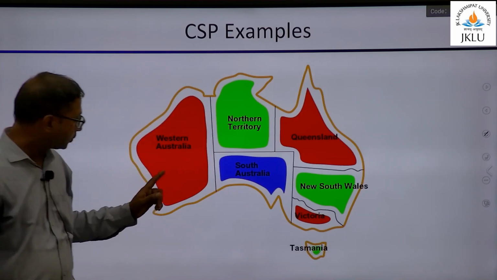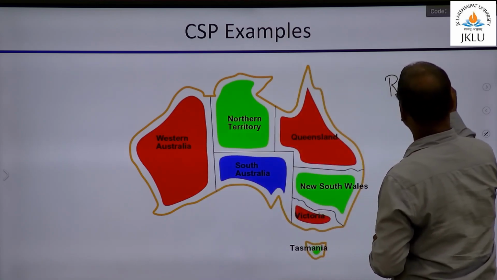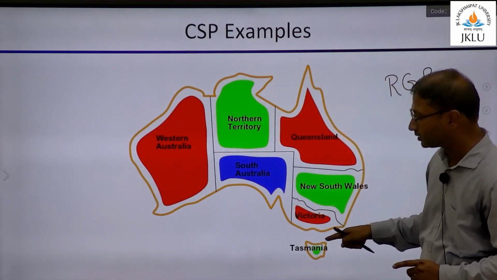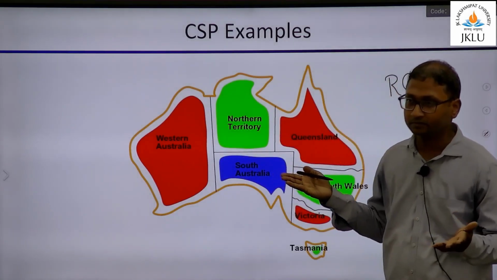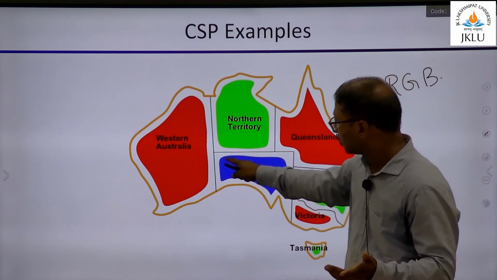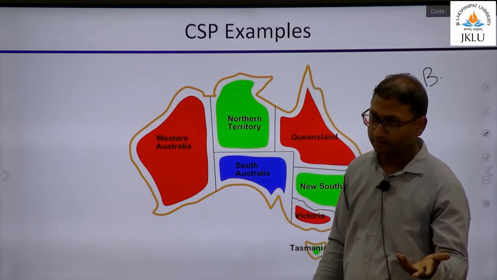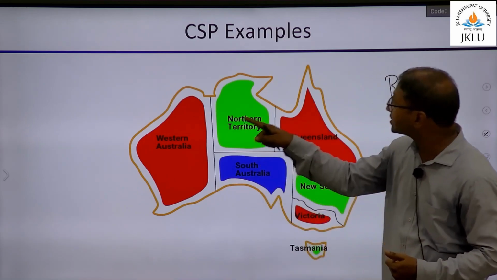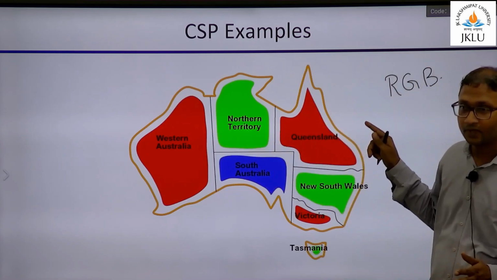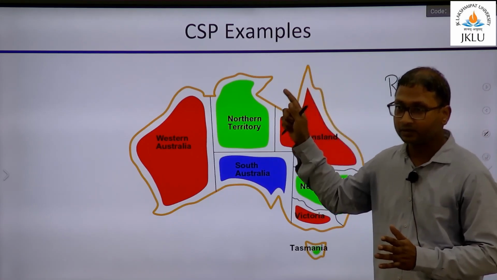You have three colors, RGB. Our goal is to color this country such that no two adjacent states get the same color. Okay, so is this fine? Now if I give you this empty map, you start coloring.